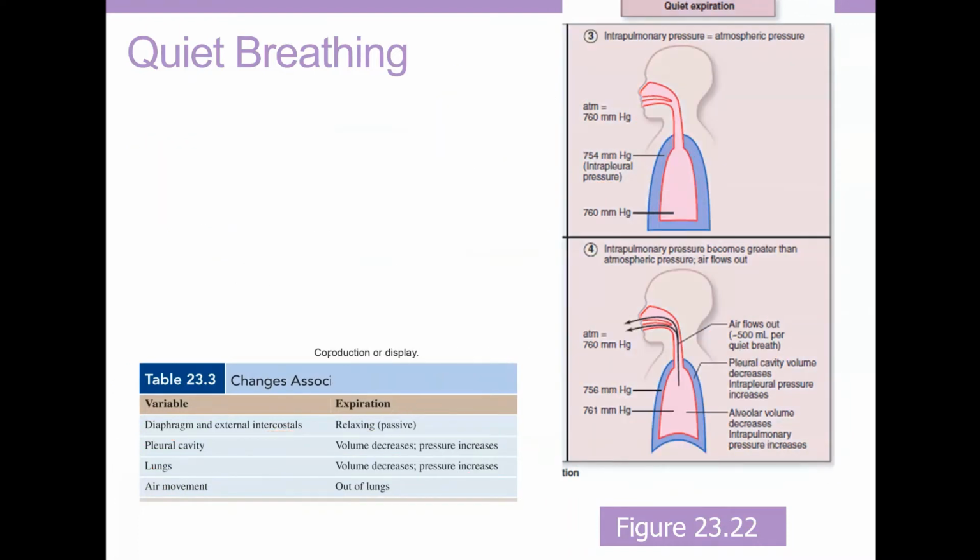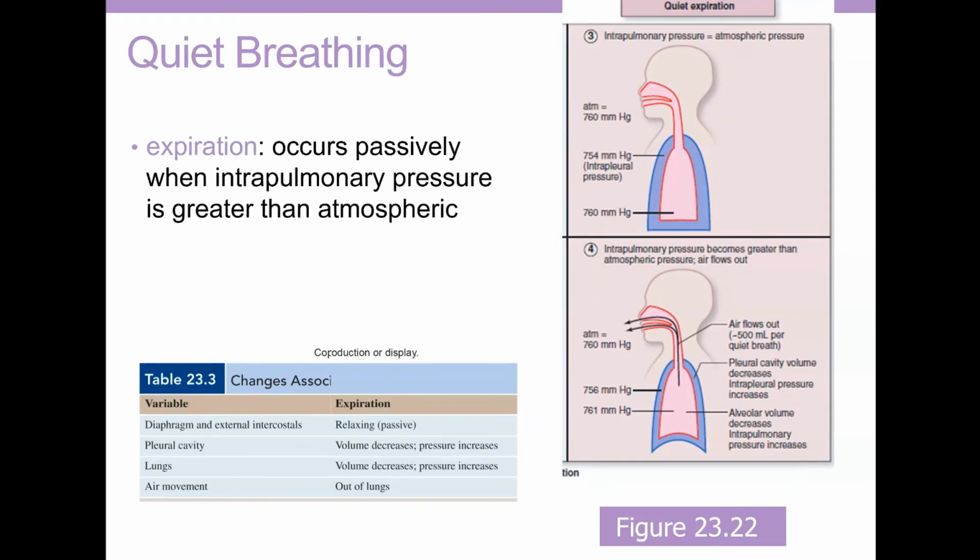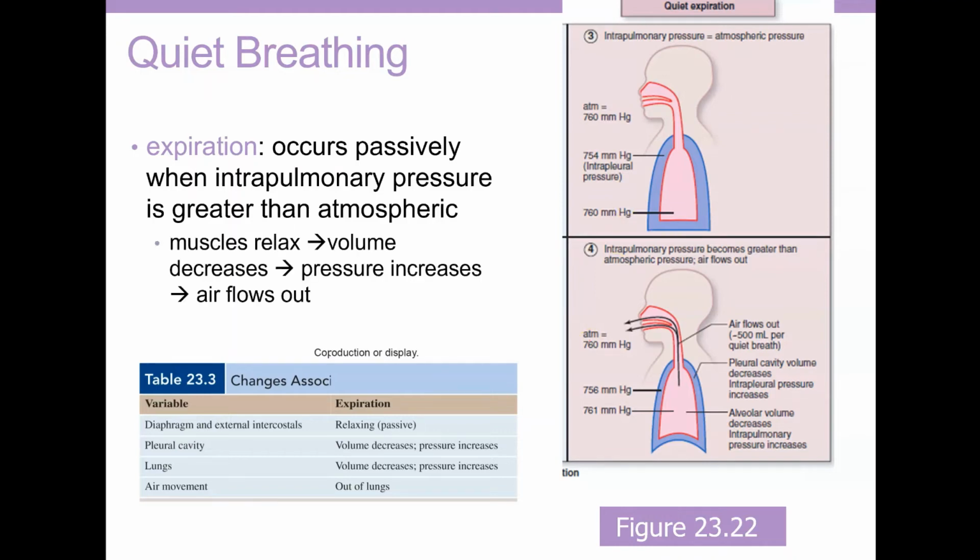All right, looking at the expiration side of things, expiration is also going to happen just passively, but again, because the pressure is going to be different. So here the muscles are going to relax, and when the muscles relax, that's going to allow the volume to decrease. So that's the other side of that purple and green picture that I was showing you earlier.